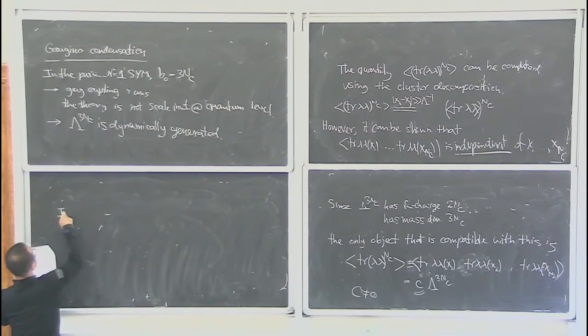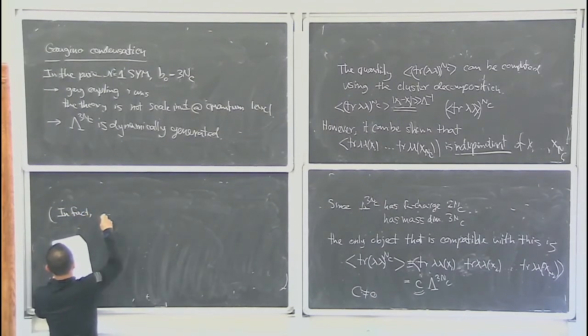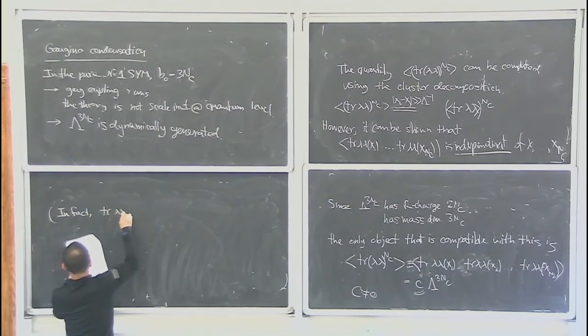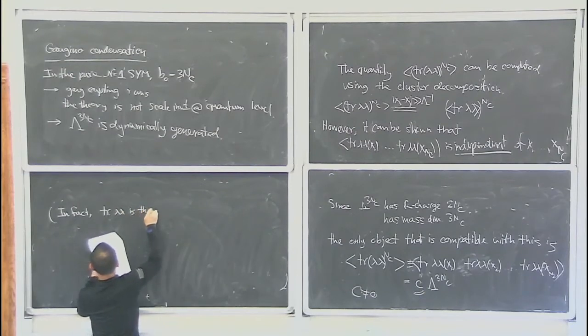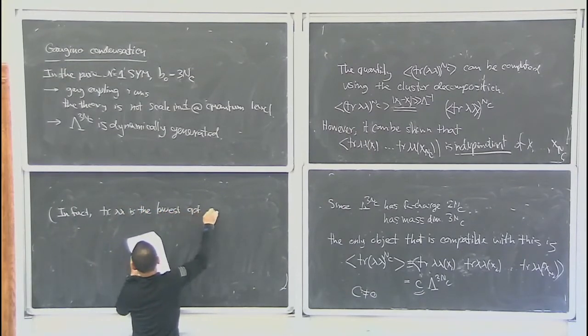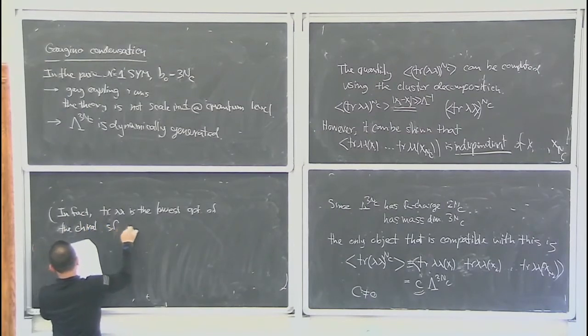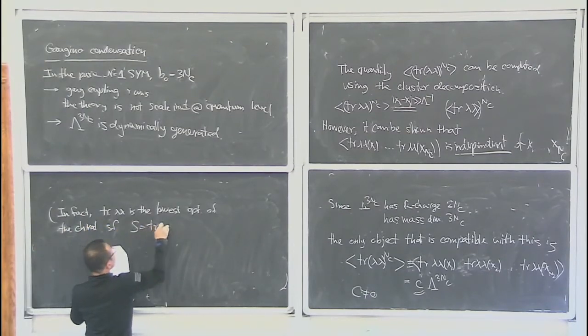In fact, let me put this in a remark, okay? Trace lambda lambda is the lowest component of the chiral superfield S equal to trace W squared.